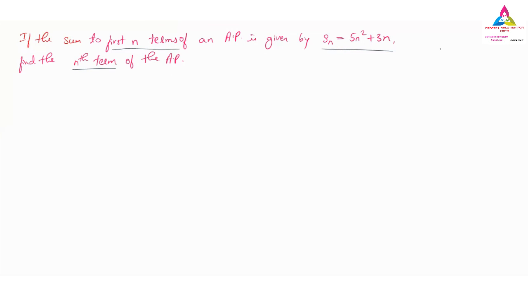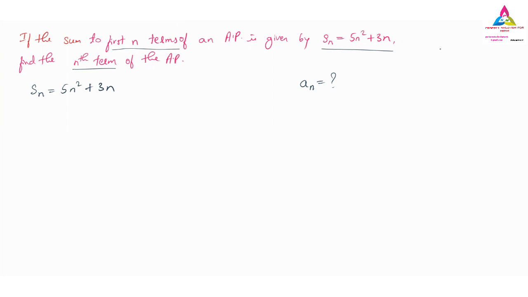So Sn is given, the sum of the first n terms, but they have told us to find an value. So obviously when you see the question, once again we have to concentrate.